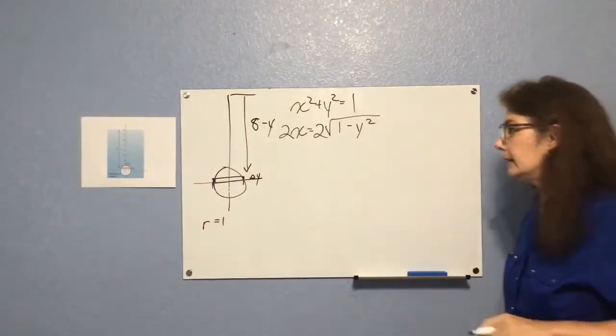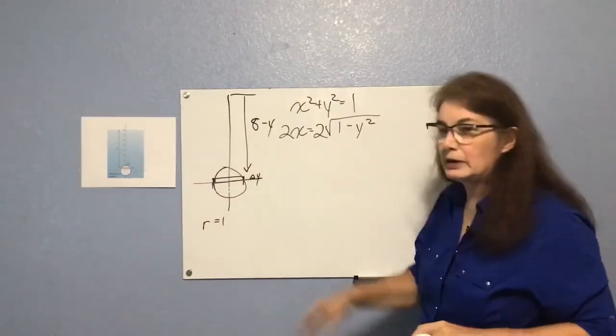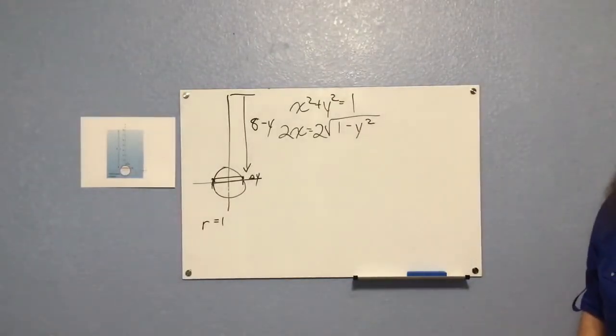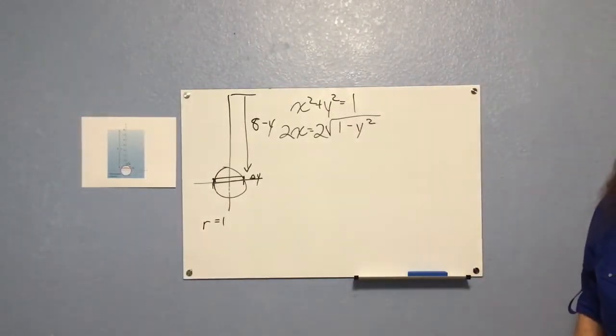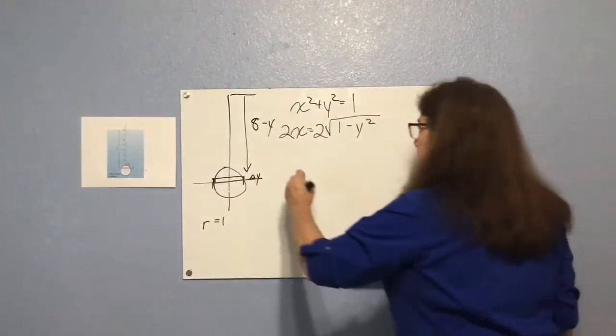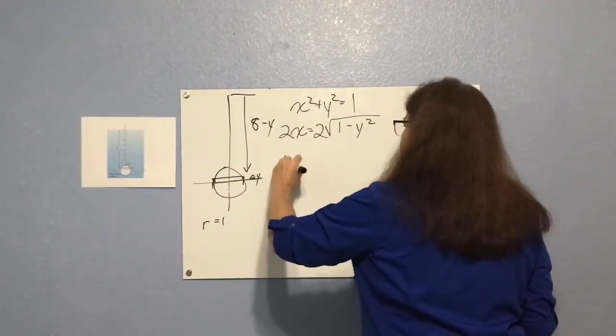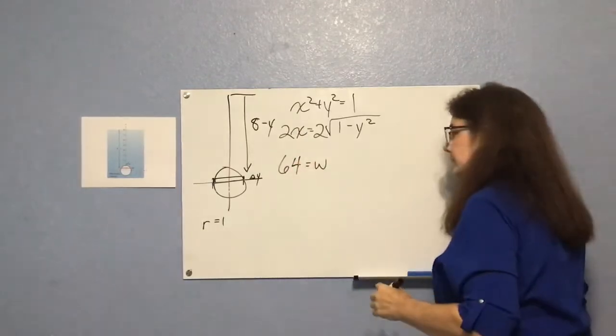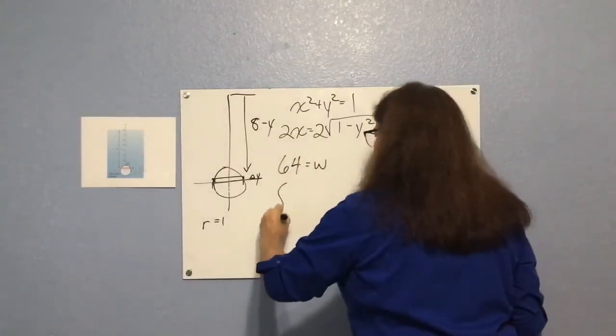Okay. This problem, they tell us that we're actually working with seawater rather than fresh water. So our weight density is going to be 64. So let's set up our integral.